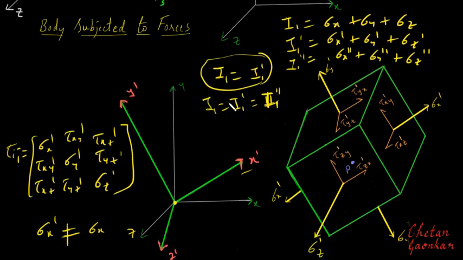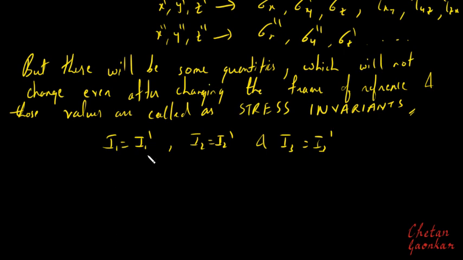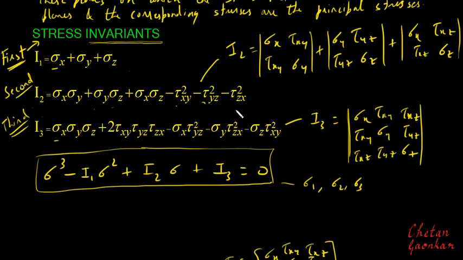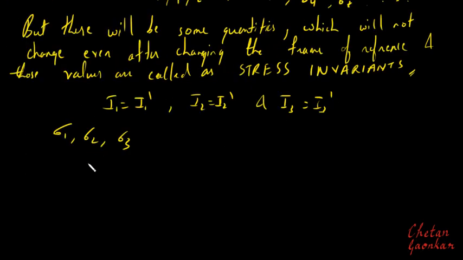If I want to denote these stress invariants in terms of principal stresses, we know that our principal stresses are sigma 1, sigma 2 and sigma 3. Then I1 will be equal to sigma 1 plus sigma 2 plus sigma 3.